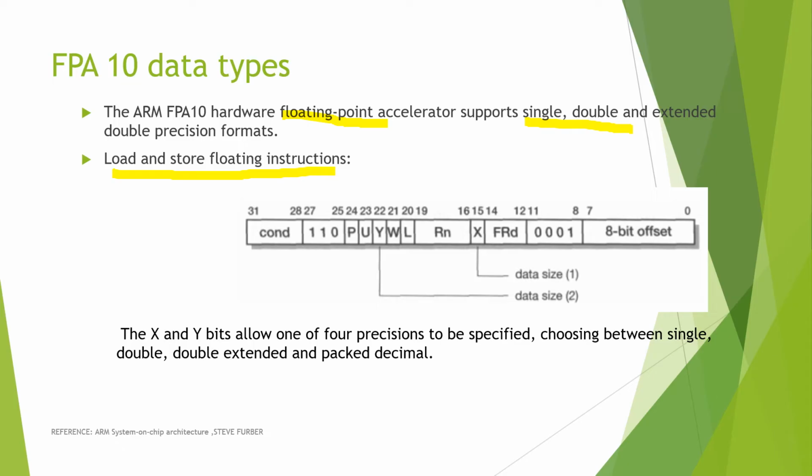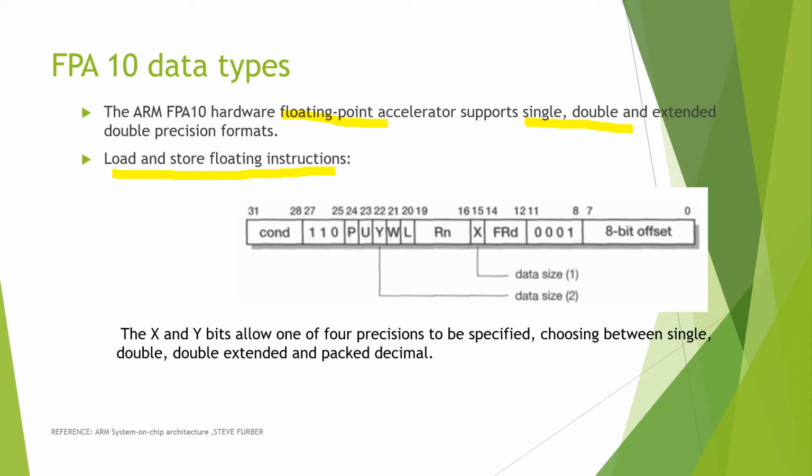The other main things are the X and Y. What do you mean by X and Y? X and Y represent the data size. Which precision format we have to choose depends on this X and Y. Single, double or extended precision, all these are represented by X and Y. Both data size 1 and 2 represent the floating data elements. X represents the floating data elements before the decimal point, and Y represents the data elements after the decimal point.